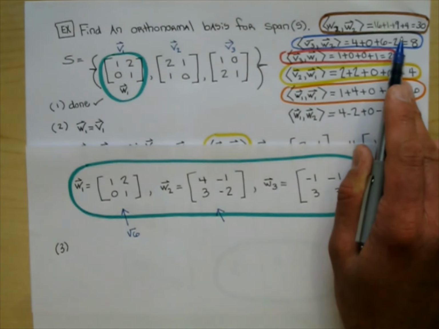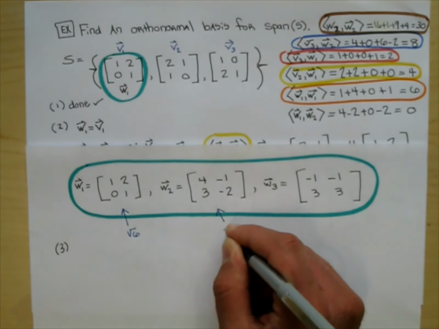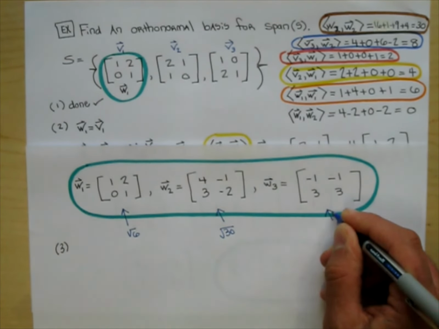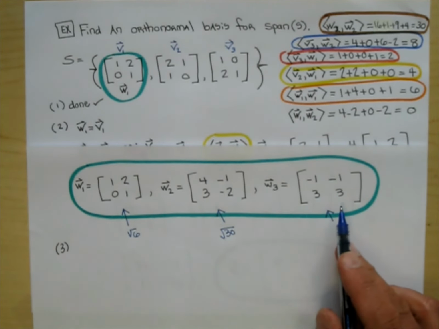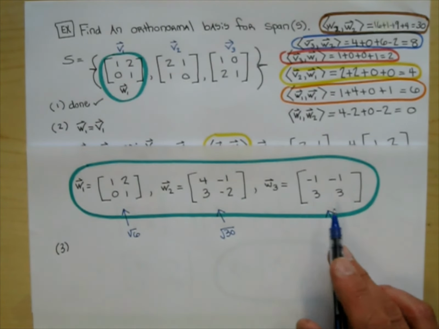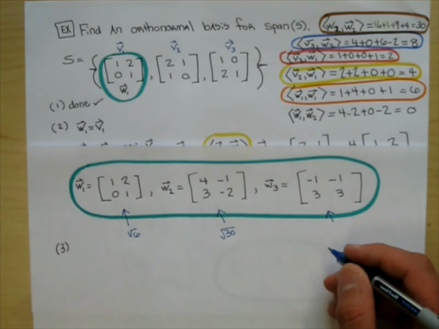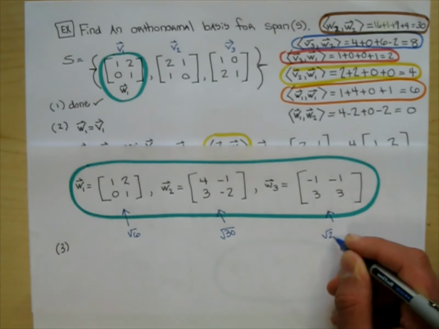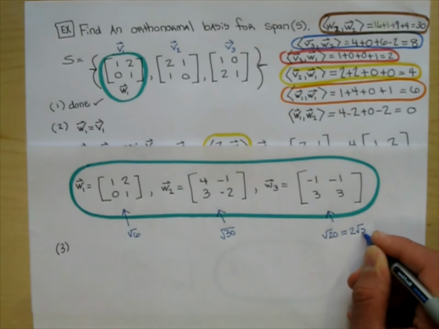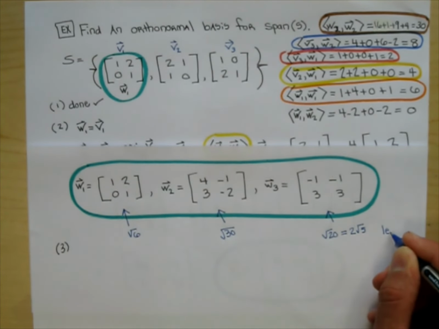I think this is right up here, which is 30. So we're going to say root 30. And then the length of this guy right here is 9 plus 9 is 18, 19, 20. So root 20, which is really what? That is 2 root 5. So those are the lengths.